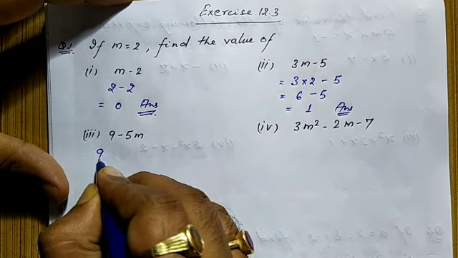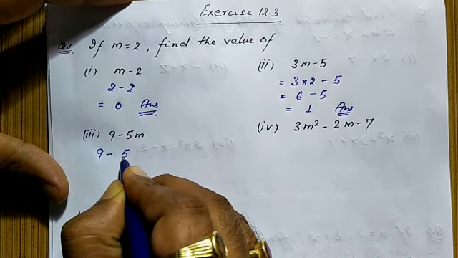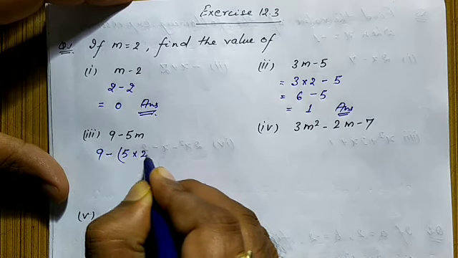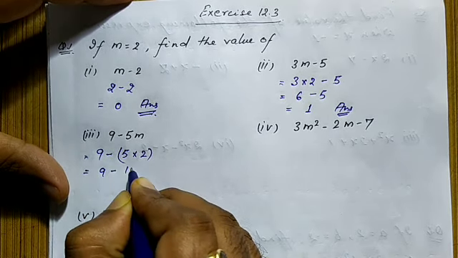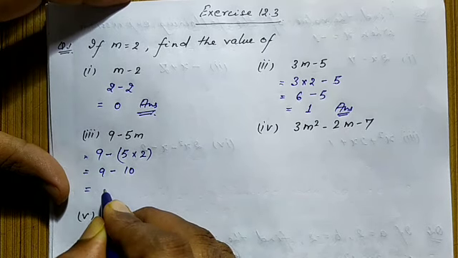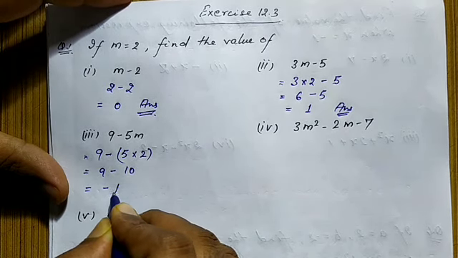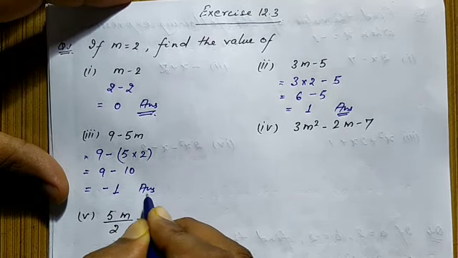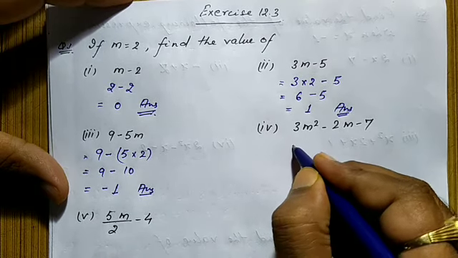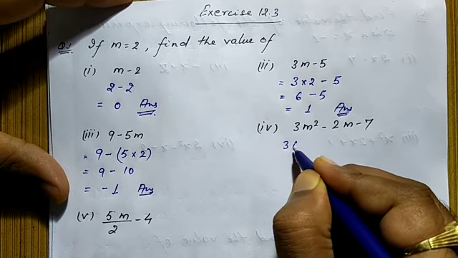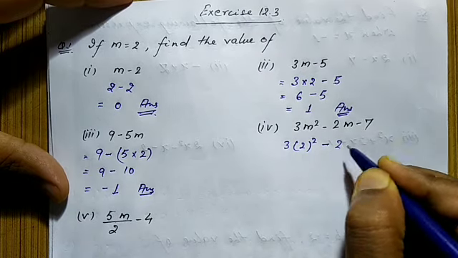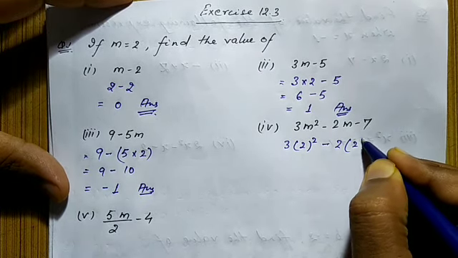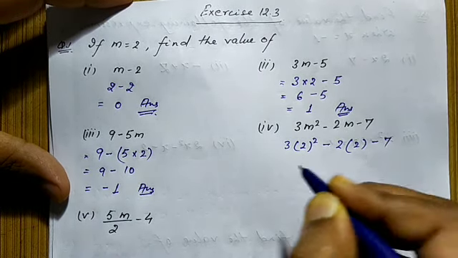Here 9 minus 5 into 2. Okay, this is equal to 9 minus 10, and 9 minus 10 is equal to minus 1. Okay, now here 3 into 2 square minus 2 into 2 minus 7.